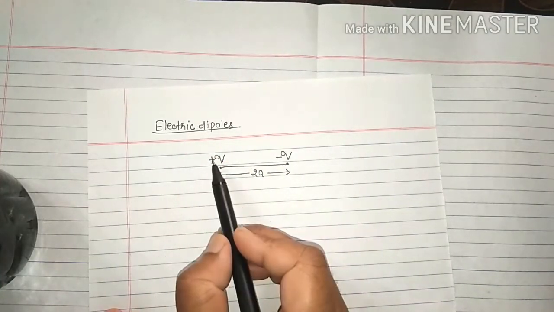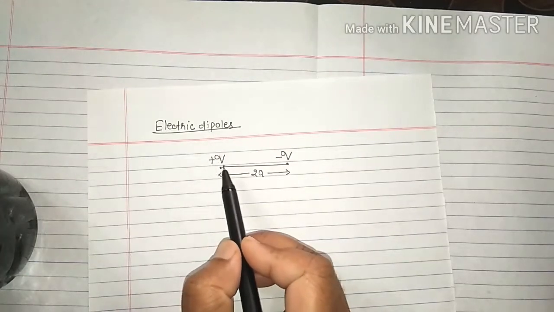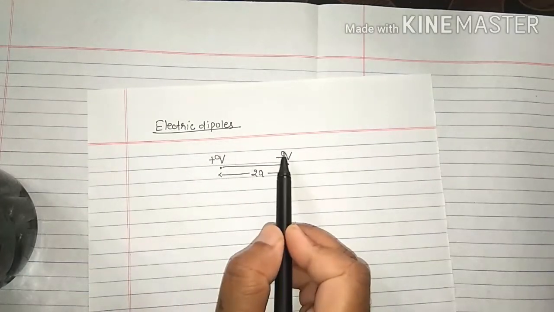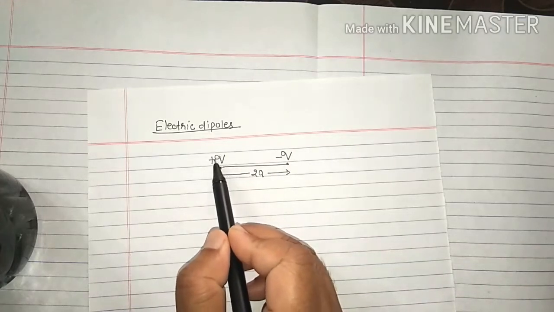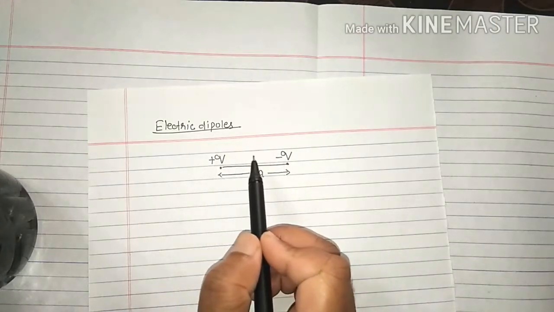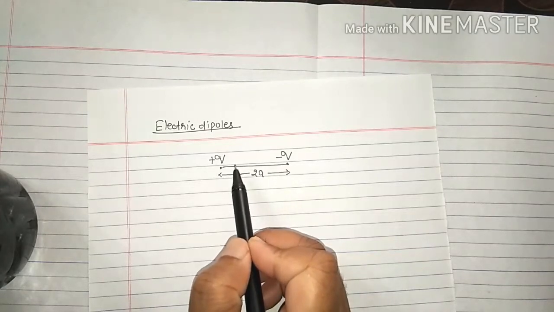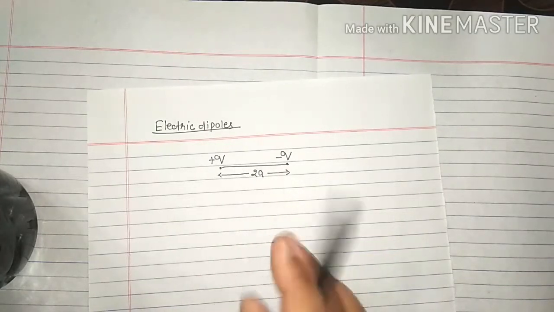So electric dipole is basically a system that consists of two charges having the same magnitude but opposite in nature, and these two charges should be separated by a small distance.